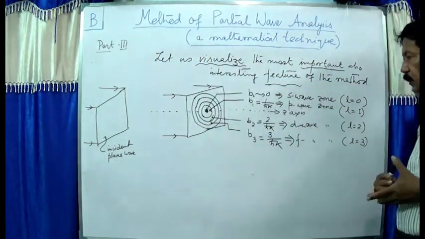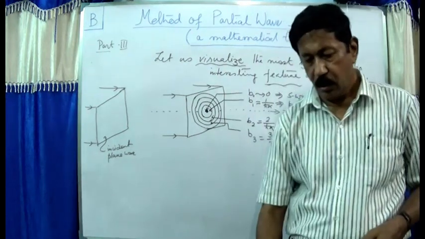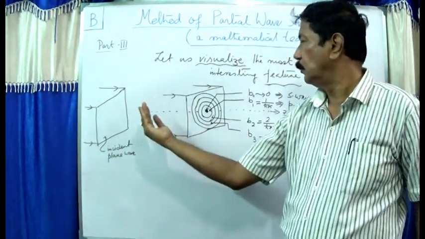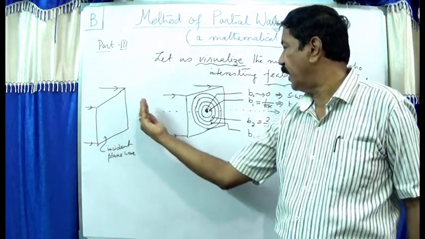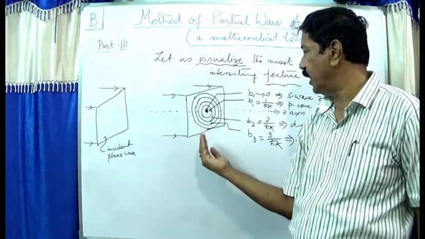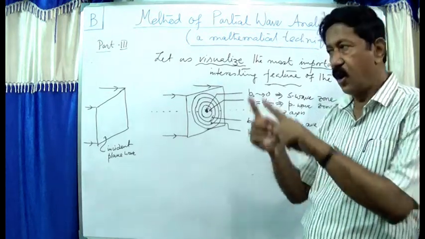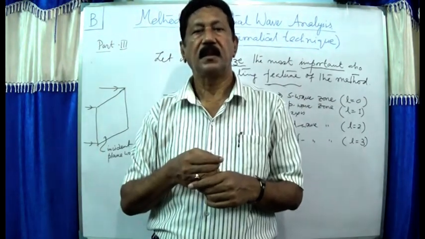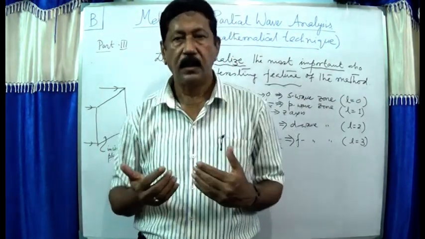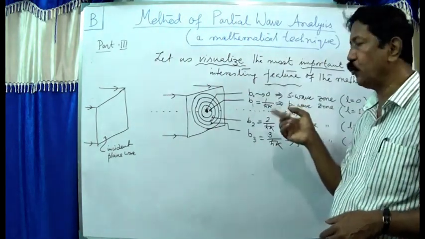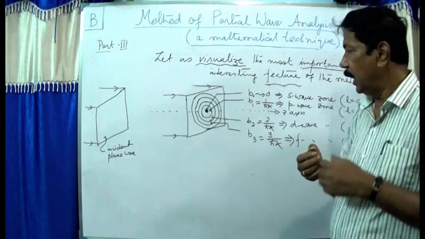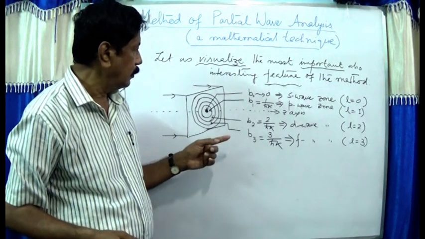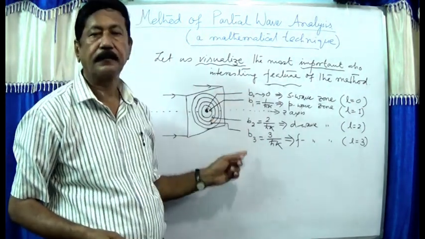So what does it mean? When an incident planar wave is coming and comes very close to the interaction potential, we can think of the total geometry of the incident waveform as subdivided into many such zones of interaction, and these zones are constructed on the basis of the impact parameter.